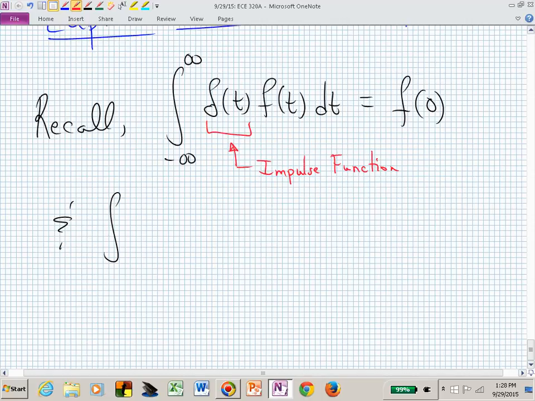If that's the case, what would this integral give us? Suppose I'm still integrating from minus infinity to infinity, but now I have the impulse function of t minus t naught, f of t dt. What's that going to produce?